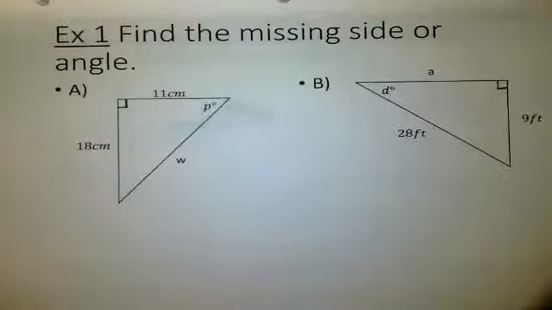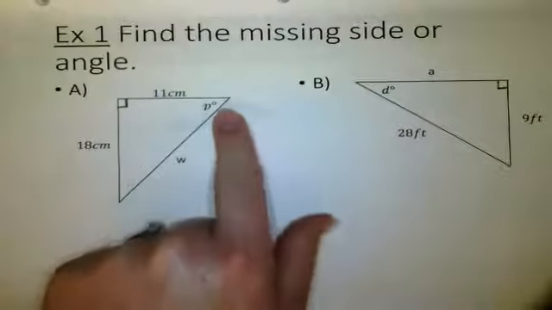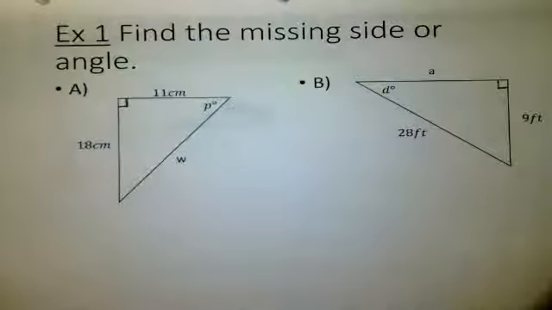On letter A here, we have a right triangle, side lengths 11 and 18. We want to find side W and also this angle P. There are lots of ways to do that, but trig is definitely the easiest way.